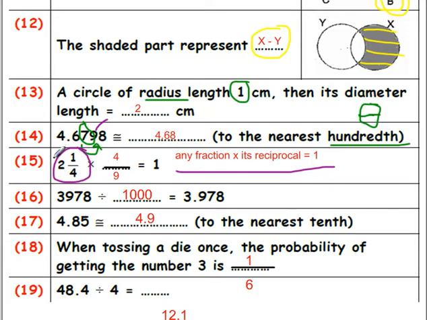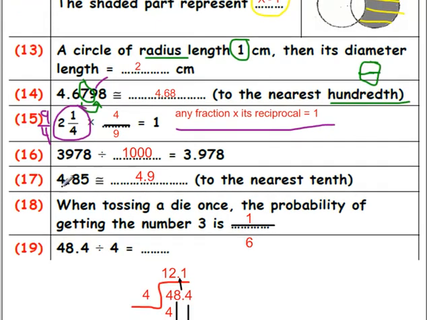So 2 times 4 equals 8, 8 plus 1 equals 9, 9 over 4. What is the reciprocal of 9 over 4? Yes, it's 4 over 9. Upside down.